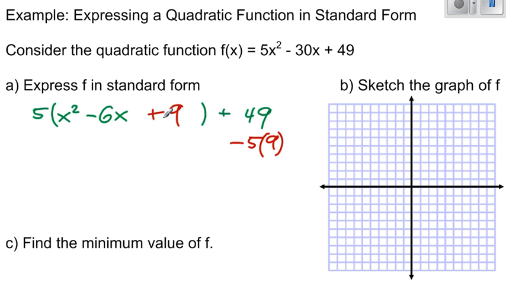So factor inside the parentheses, x minus 3 squared again. We have a 5 outside. 5 times 9 is 45. 49 minus 45 is 4.